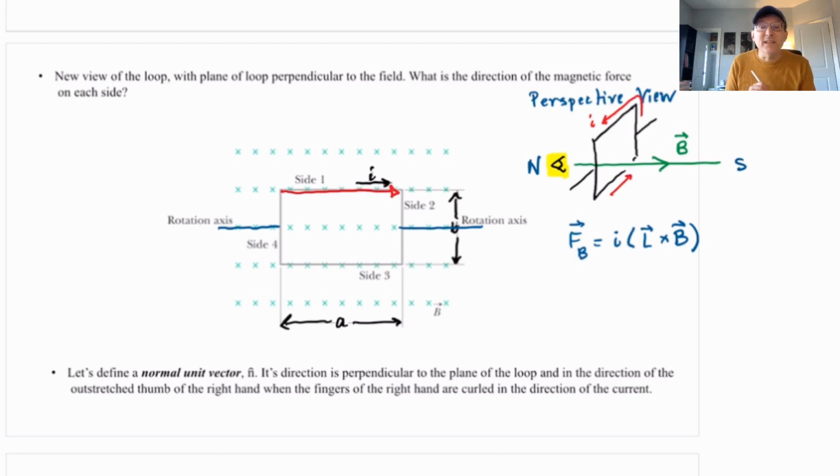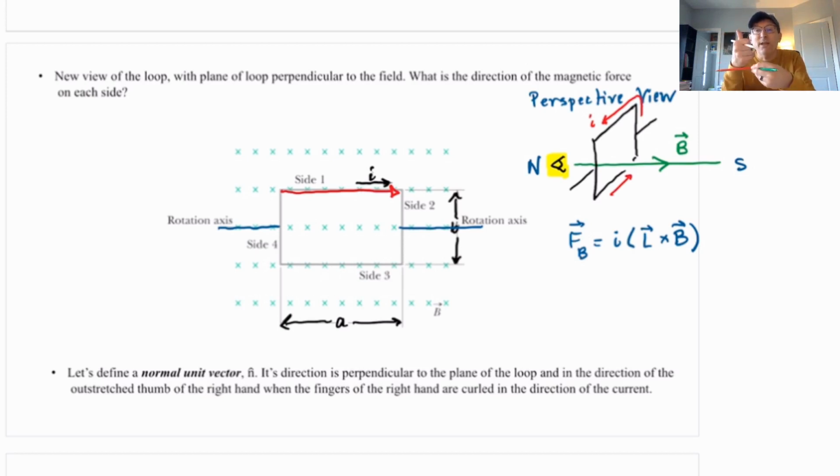And the B is into the screen. So take a moment, practice with the right-hand rule, do the two-pen approach. I'll use a red pen for L and a green pen for B. And as I'm looking at this, L points to my right and B points into the screen away from me.